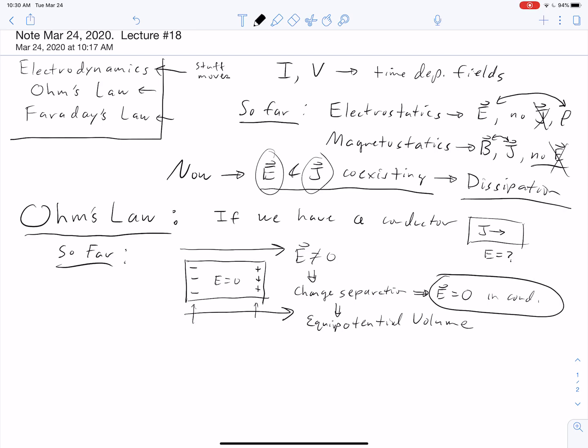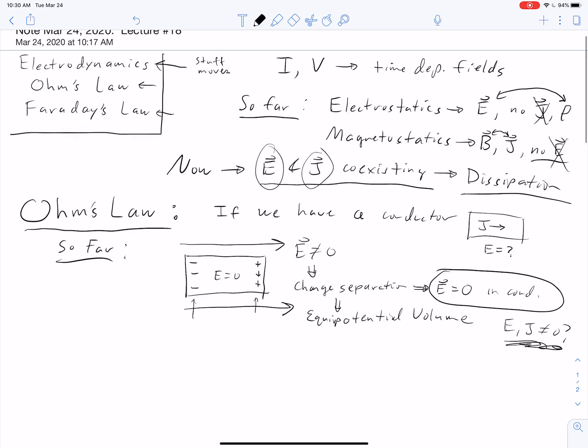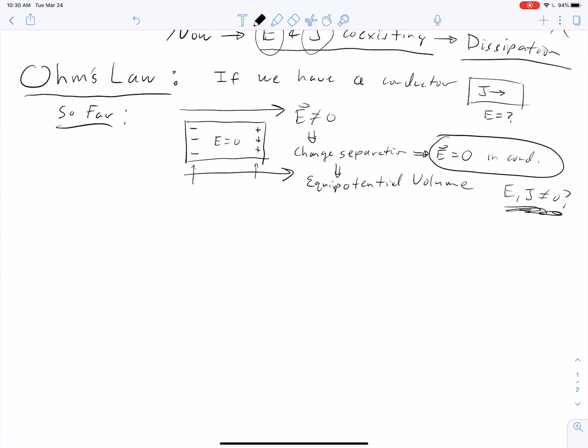Already you can start seeing how that's going to be a problem. If electric field is 0, then how can we have E and J coexist in a conductor? Already you can see it's kind of confusing, because we've said electric fields are always 0.